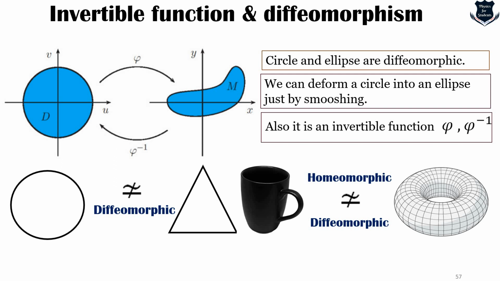What I'm trying to tell you is that with homeomorphism we can smoothen and sharpen edges; with diffeomorphism we cannot. So considering this mug and a torus, they are homeomorphic but not diffeomorphic. Why? Because the handle of the mug normally cannot be glued differentiably onto the side. Similarly, a cube and a sphere are homeomorphic, but they are not diffeomorphic.